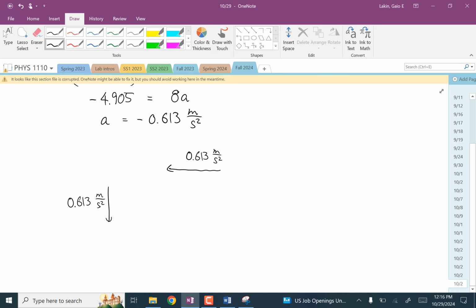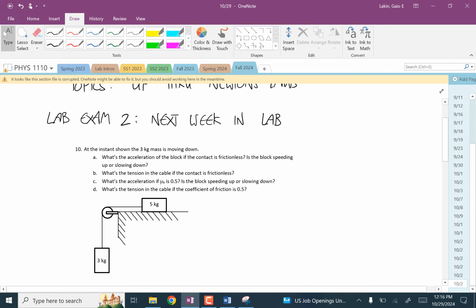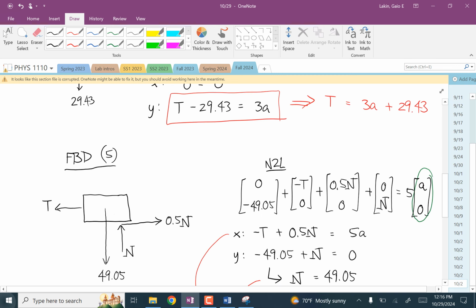And then, all right, is that speeding up or slowing down? I was going to say it depends on the velocity. Yeah, and in any friction problem, it did tell you the velocity, that's true. It says the 3 kilogram is moving down.